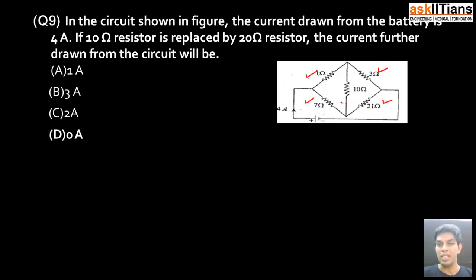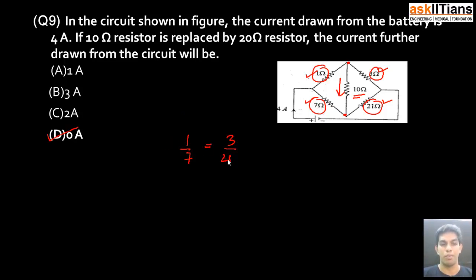We can clearly see that the Wheatstone bridge principle holds: 1/7 for this and this is equal to 3/21 for this and this. Hence, irrespective of the value of resistance connecting these two points, the current across this branch is 0. Hence, D is the correct answer.